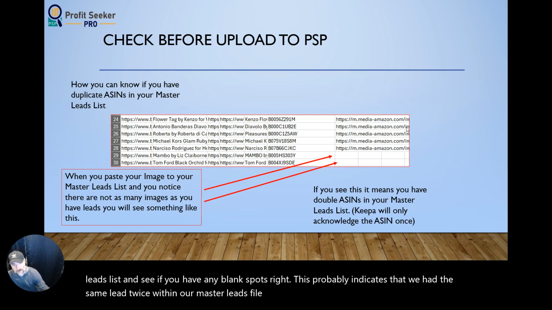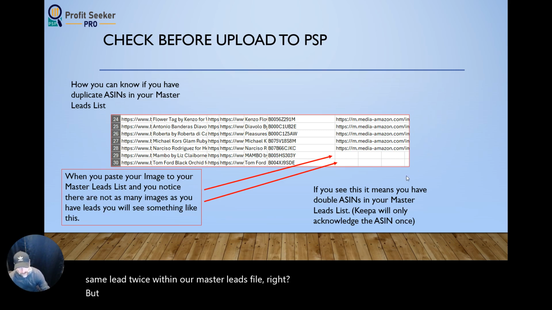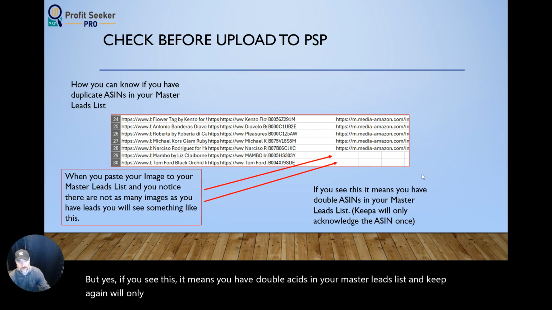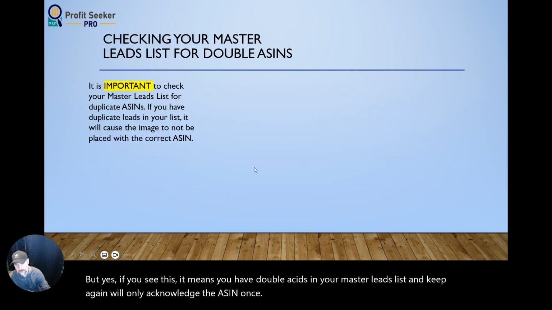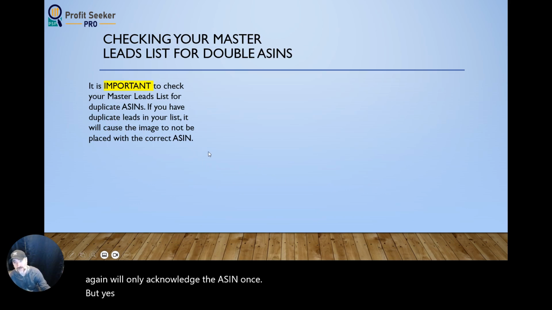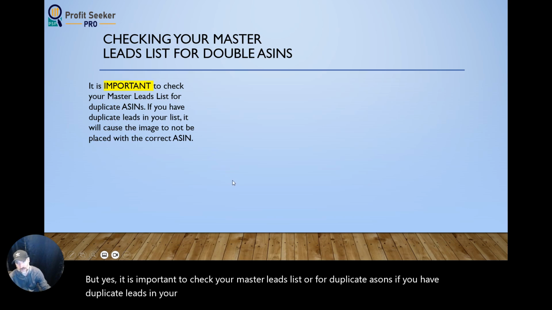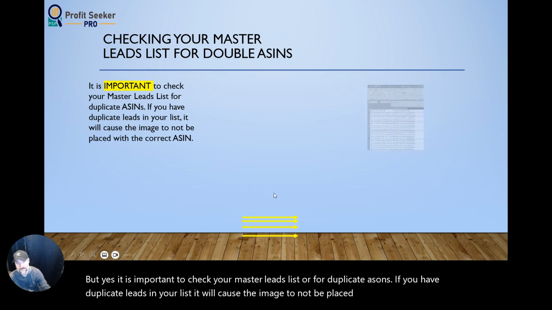If you see this, it means you have double ASINs in your master leads list, and Keepa, again, will only acknowledge the ASIN once. It is important to check your master leads list for duplicate ASINs. If you have duplicate leads in your list, it will cause the image to not be placed with the correct ASIN.